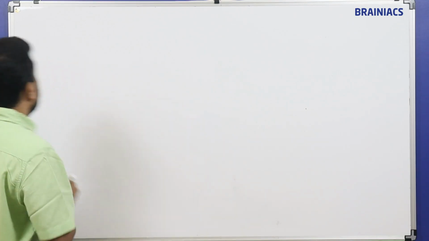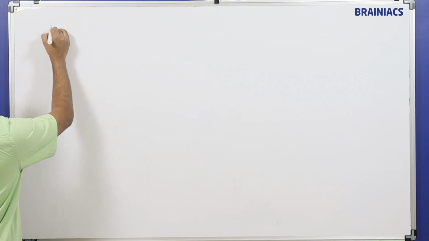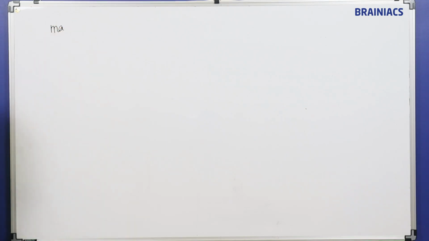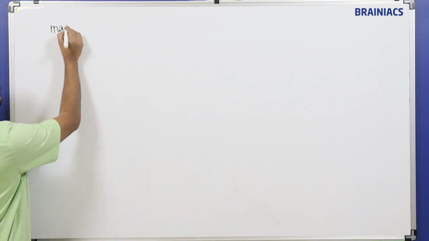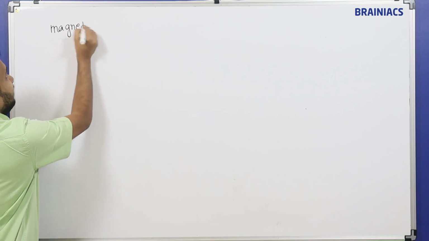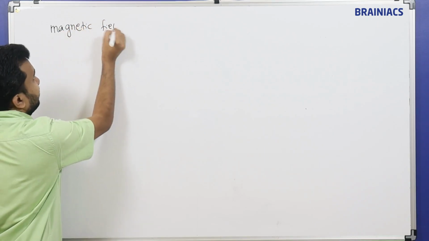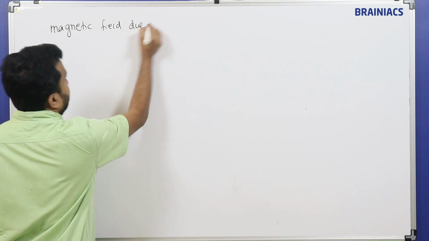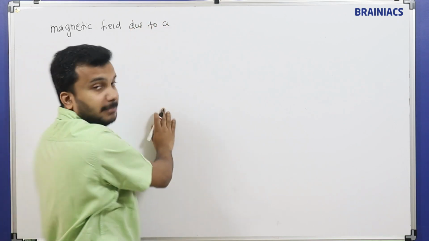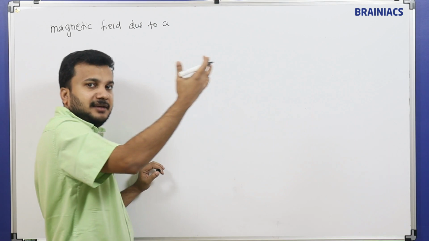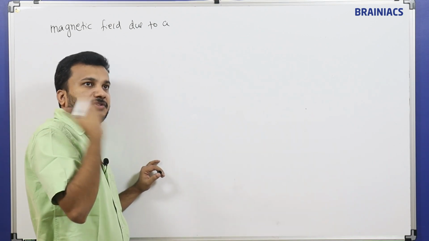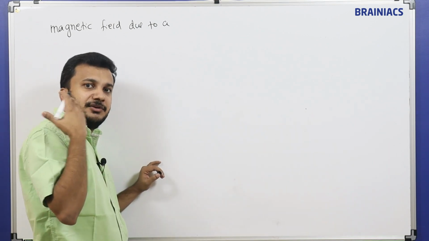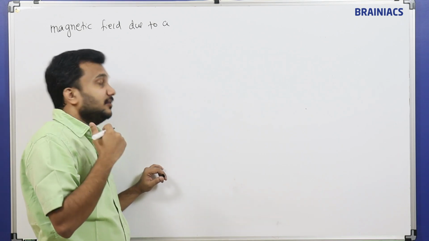You can write out the heading: magnetic field. Magnetic field due to a straight current carrying conductor, magnetic field due to an infinite current carrying conductor, we have already seen.